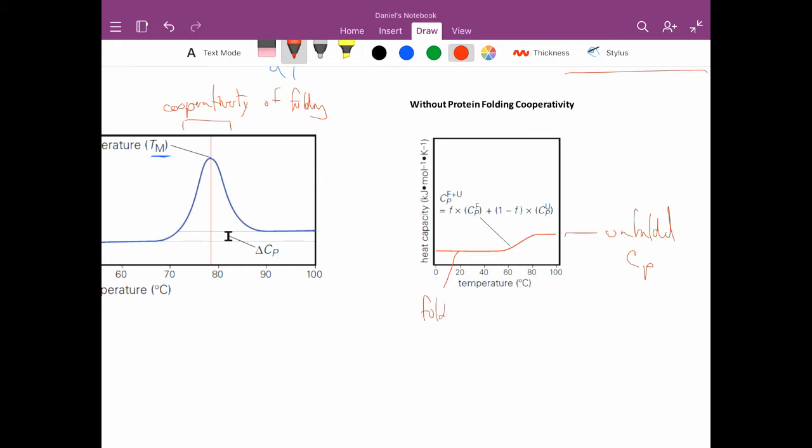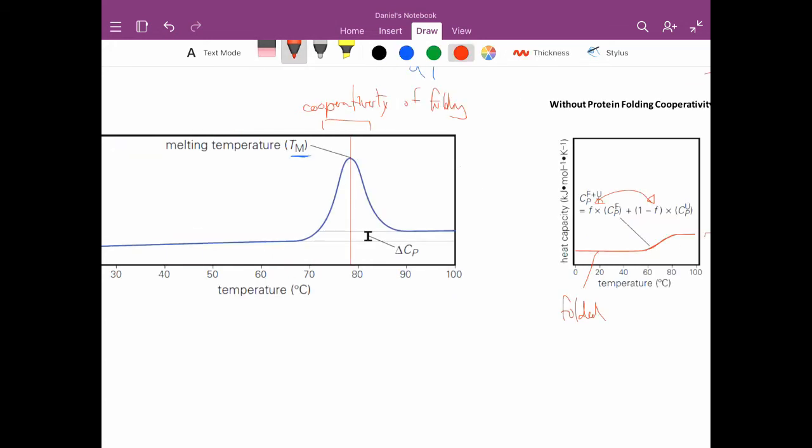And then right in the middle you get this nice smooth change between them as the two fractions of folded and unfolded trade off. You can get this curve by plotting this equation here.